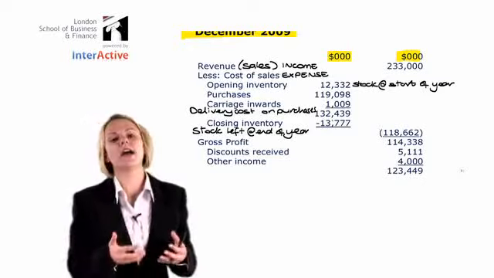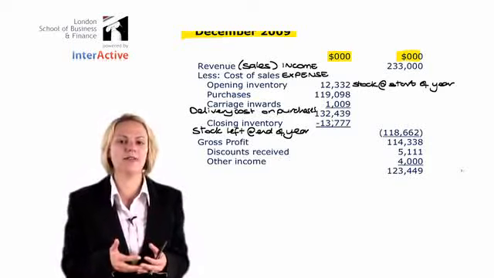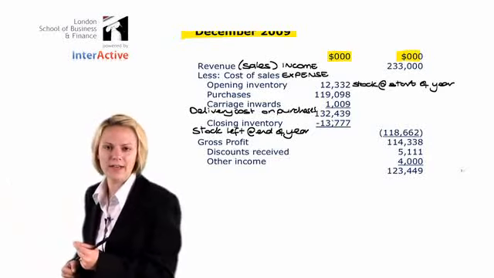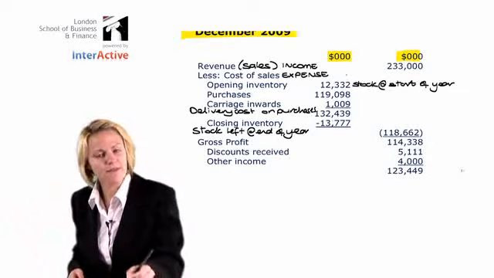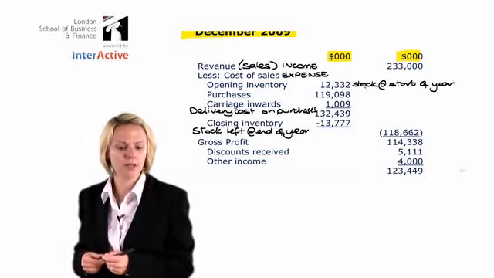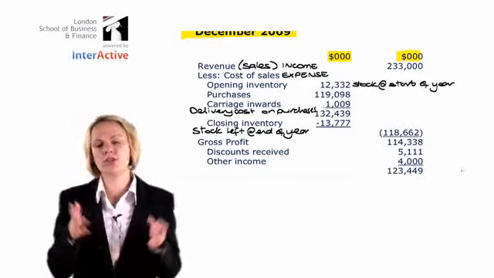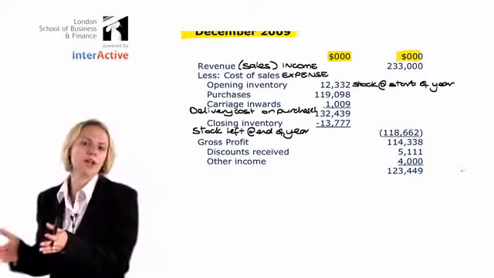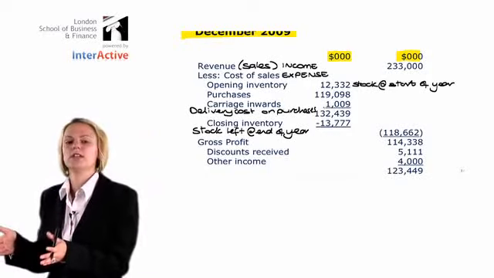Essentially, we're going to defer that cost of that stock at the year end into next year as, guess what? Opening inventory. And opening inventory increases an expense, if you remember. So, we're going to take out closing inventory at the end of this year and move it into next year's statement of comprehensive income as opening inventory.